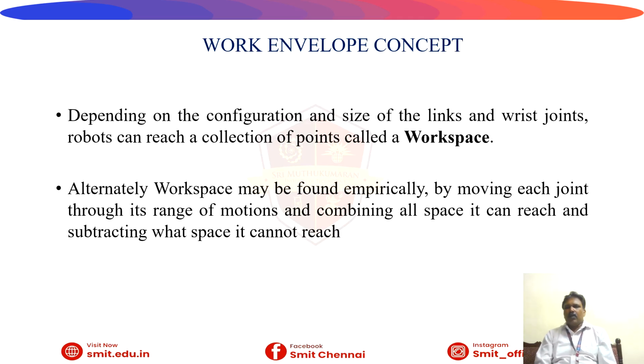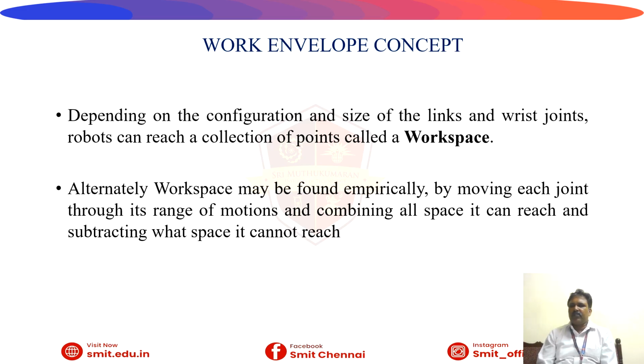Then the work envelope concept. What does the work envelope mean? It is the workspace, the area in which the robot is going to work, the working environment. For example, if you are working in one place, the surrounding area is called the working area or working environment. Likewise, the area within which the robot can work is called the workspace.